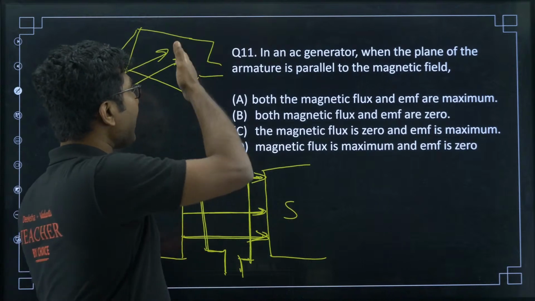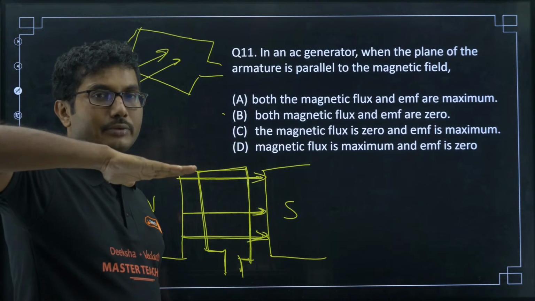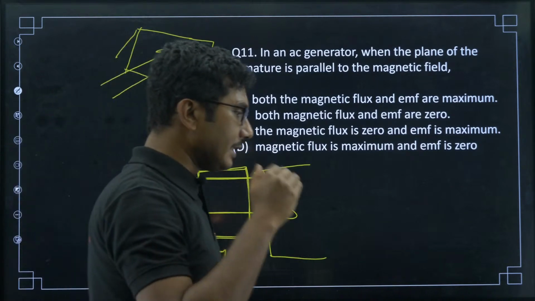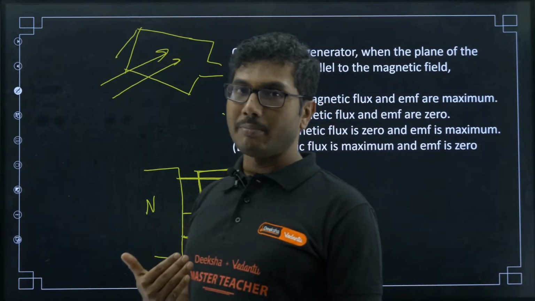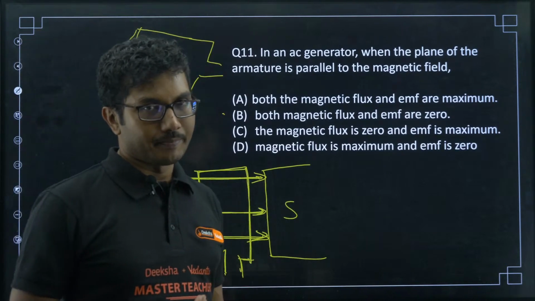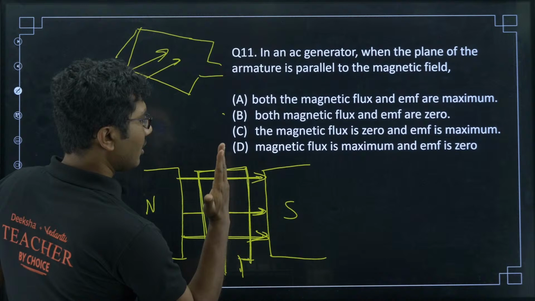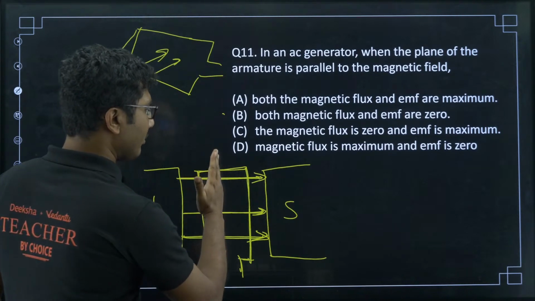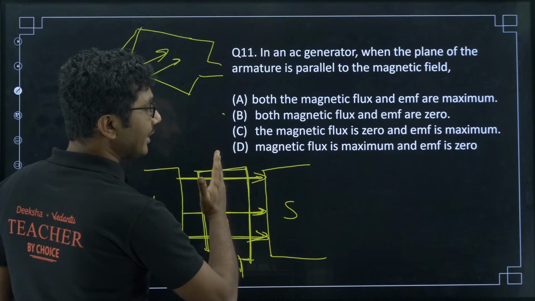So, in this case, when the maximum flux was there, suddenly the armature coil rotates to 0, that means the change in the flux is maximum. So, the change in the flux is maximum means EMF will be maximum, okay. Initially it was like this, perpendicular to the field line. In that case flux was maximum, induced EMF was 0.